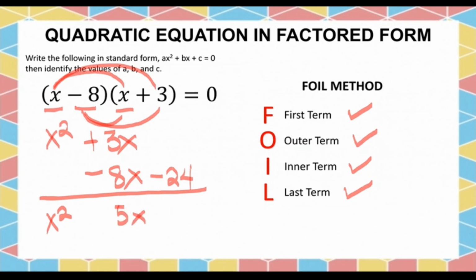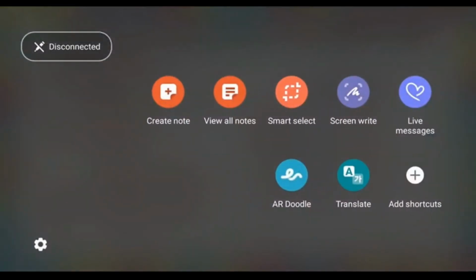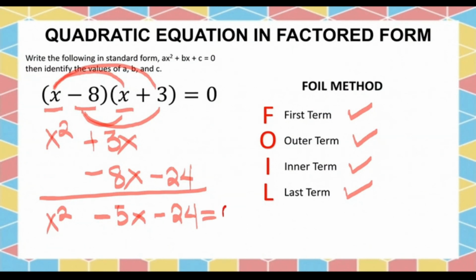Since the larger number is negative, therefore we have negative 5. Bring down negative 24 is equal to 0. So the value of A here is 1. The value of B is negative 5. And the value of C is negative 24.